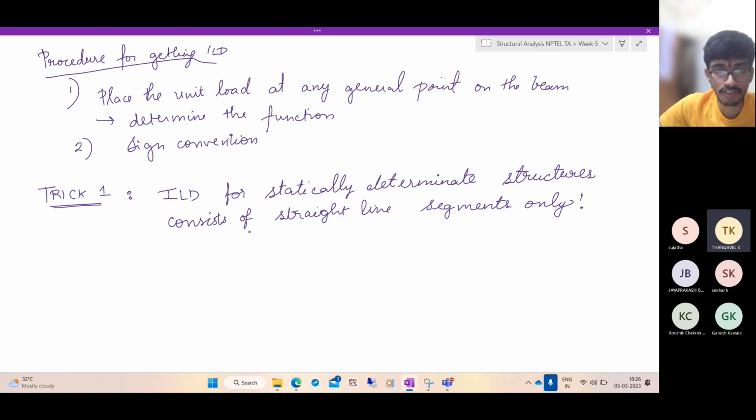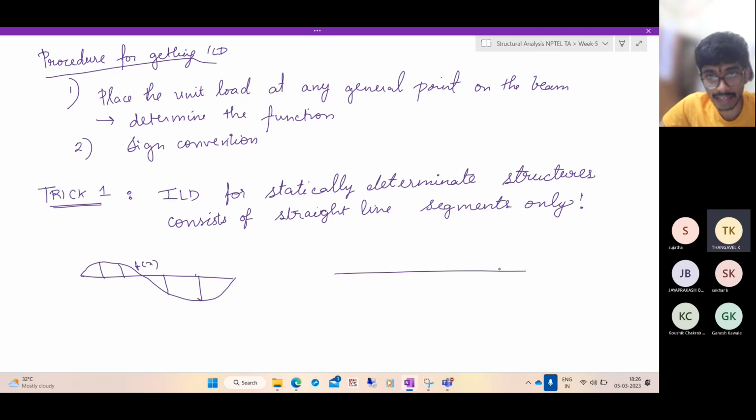So this is a very useful trick. If you have to sketch the influence line diagram for some beam like this, in general, suppose the influence line diagram is something like this, we don't know. We need a lot of points to get this, or we should use the strict mathematical functional form and get this f of x. But if it is statically determinate, we know that it consists of straight line segments only.